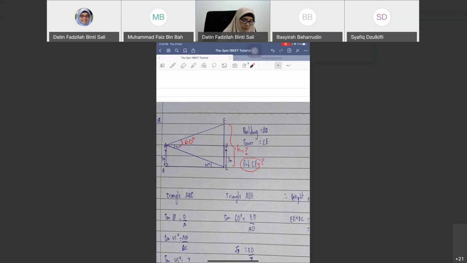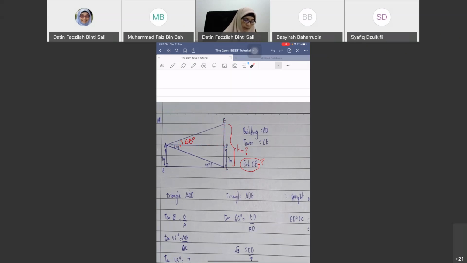So if you can find this DE, then you can just add up to get the height of the cable tower. But in order for you to find DE here, you need to find out this length first.